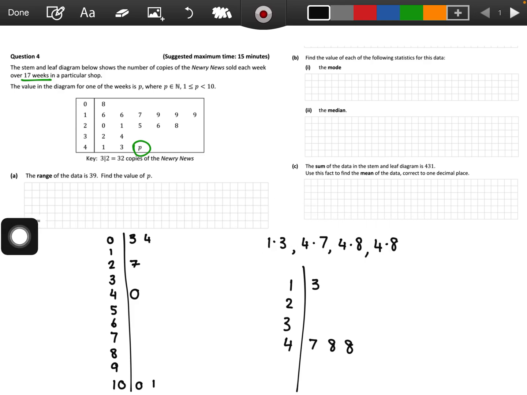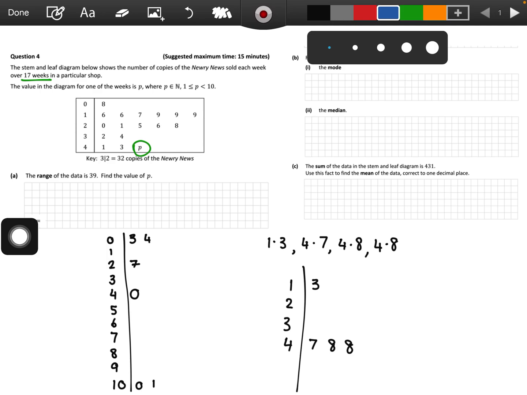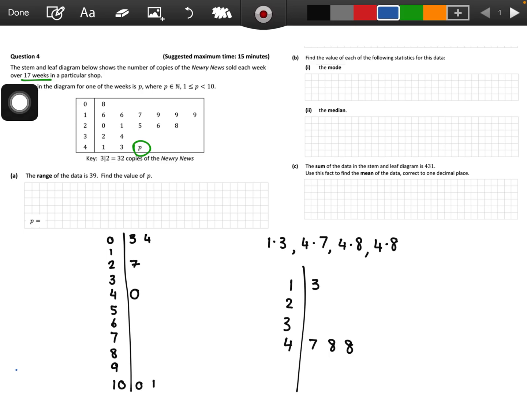So we can show that with our key. Remember after each stem and leaf diagram, you have a key. My key could have said something like 4 line 0, and that could mean 40 centimetres.